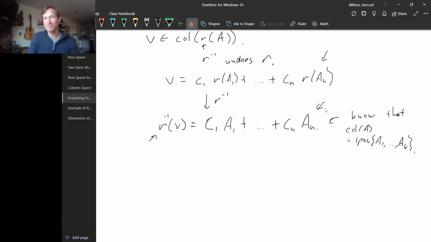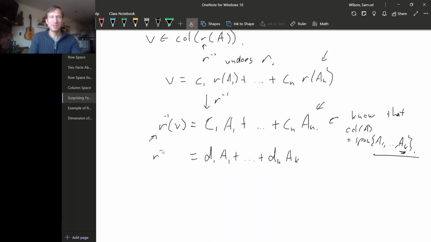We don't need all of these columns. We know that we can actually only use up to the kth column. Now, we might have to change the coefficients that we're using, so I'll switch to d's instead of c's, because the coefficients might change when we get rid of the redundant vectors. But we know that it's possible to write this vector as a linear combination of just the first k columns, because we know that the column space is equal to this span.